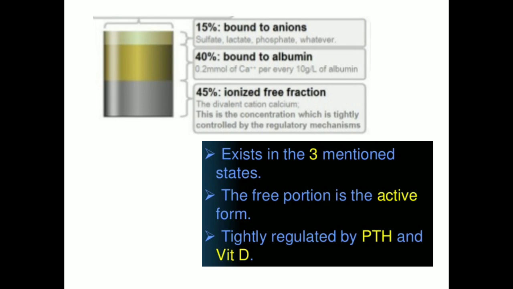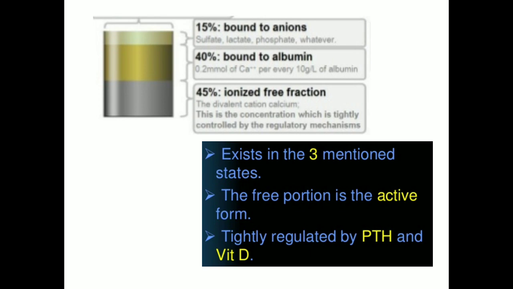The bound forms are not regulated tightly, but there is a dynamic equilibrium between the free and the bound form. So the bound forms also remain usually at a more or less constant level with respect to the level of the free calcium. But the bound fraction can change depending on the amount of the things to which it binds, most importantly albumin.